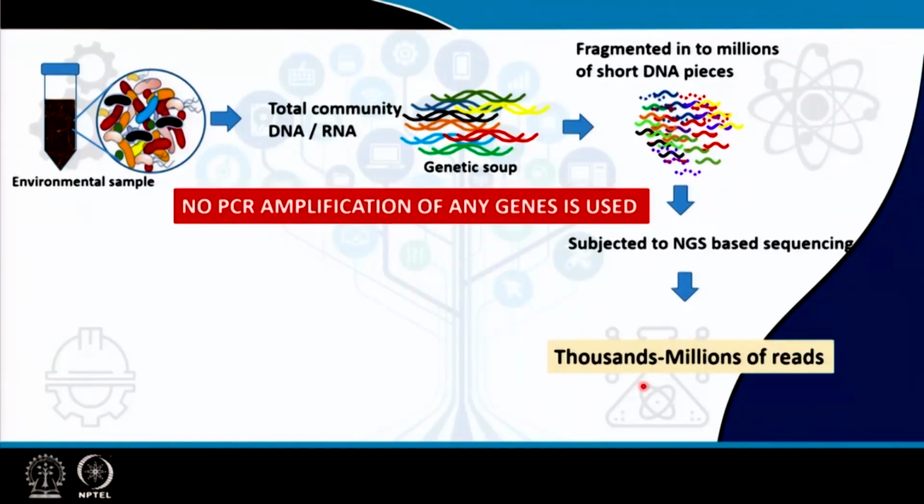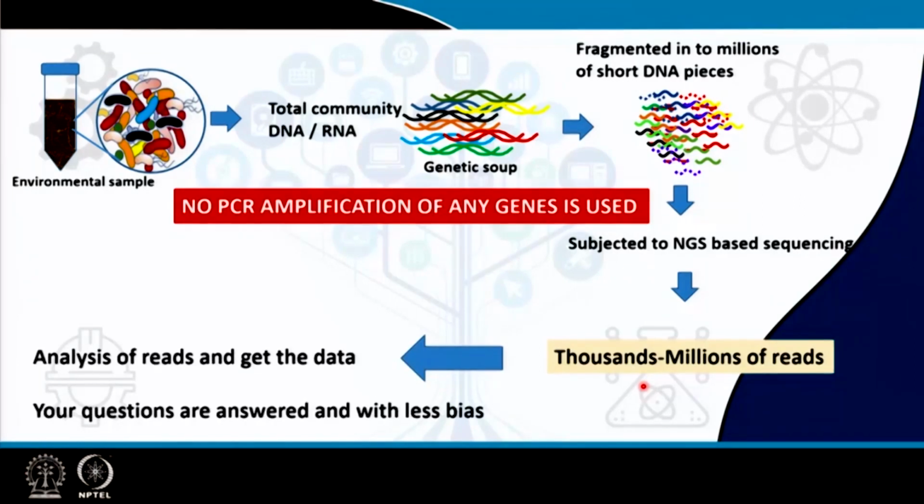Those reads are going to be processed through the analysis platform. Unlike the 16S ribosomal RNA gene or 18S ribosomal RNA gene or any kind of functional gene analysis that we discussed earlier, these reads are not for any particular gene, rather they are for all the genes that are there in the sample.